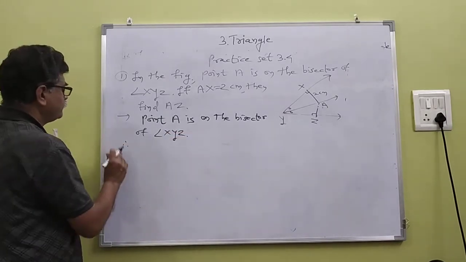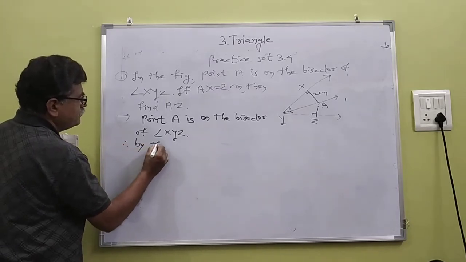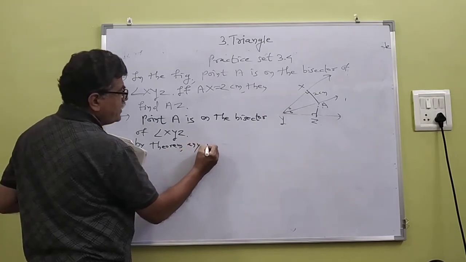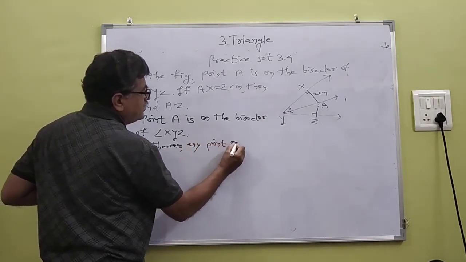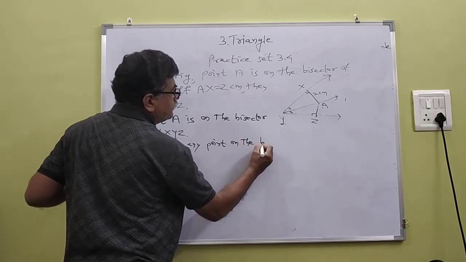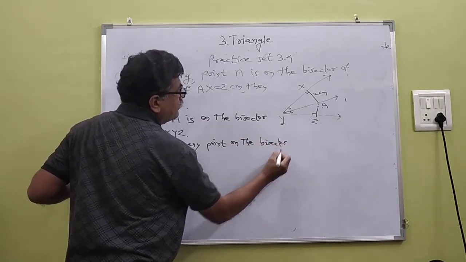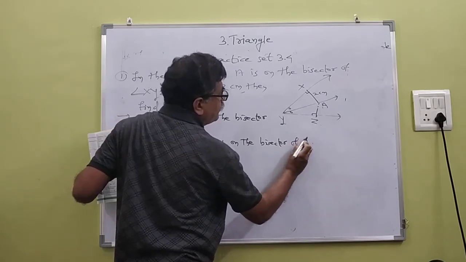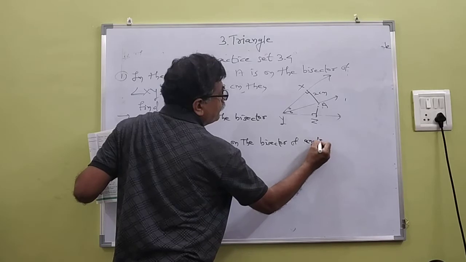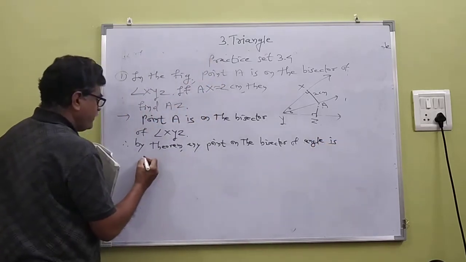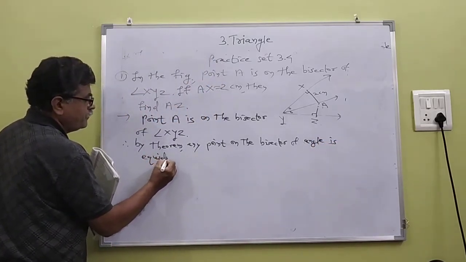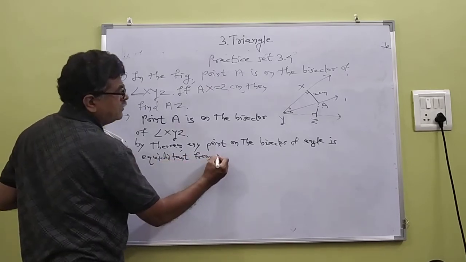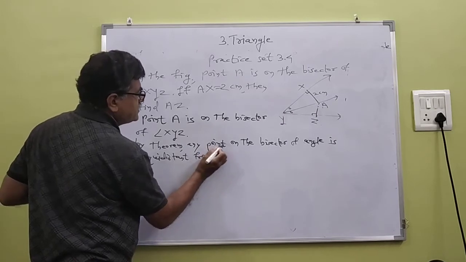Therefore, by theorem, any point on the bisector of an angle is equidistant from the sides of the angle.